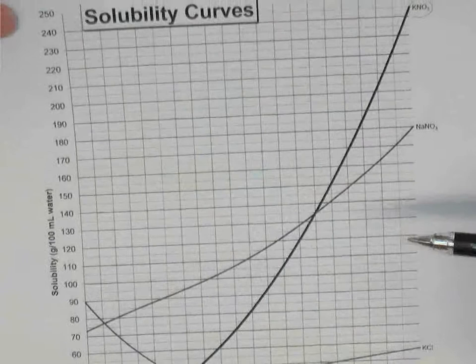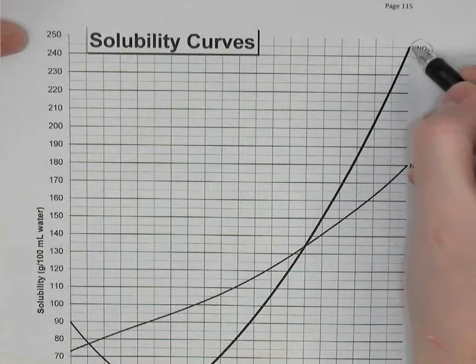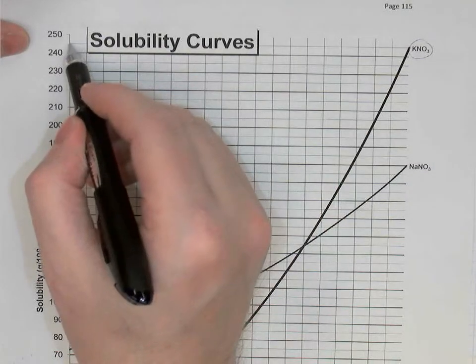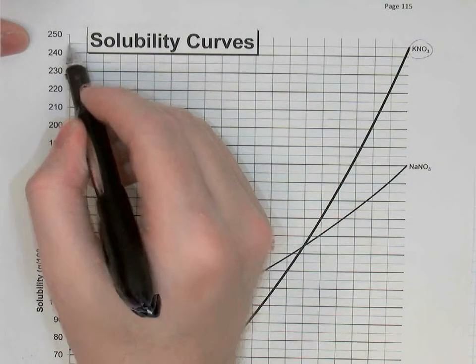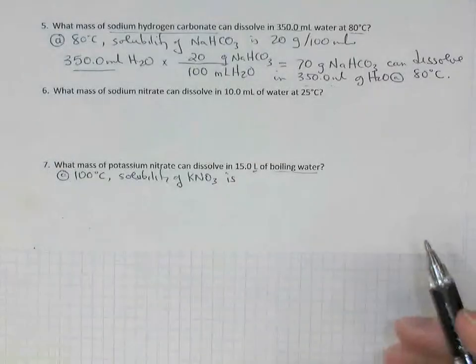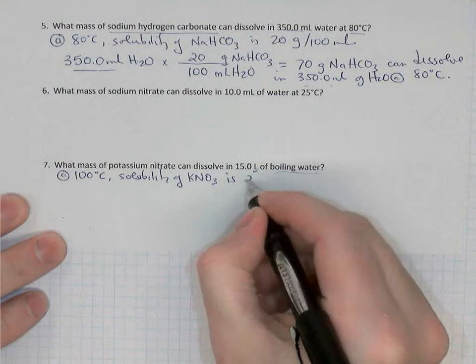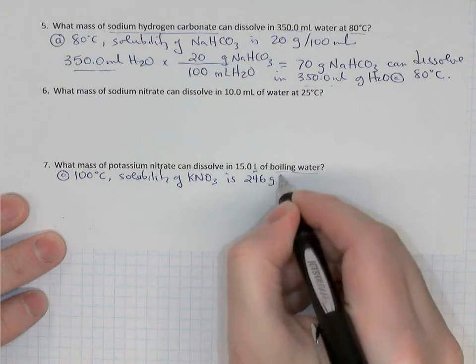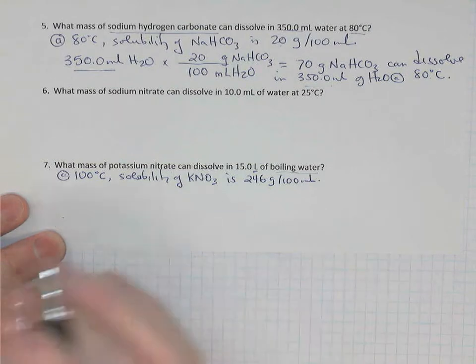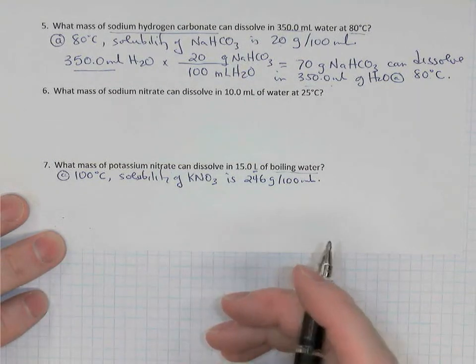So if we go up, all the way up to KNO3 at 100 degrees Celsius and then go straight over here, I think it's slightly higher than 245. I'll take 245, but I think it's probably 246. So 246 grams per 100 milliliters of water. And that's the highest solubility on that chart.